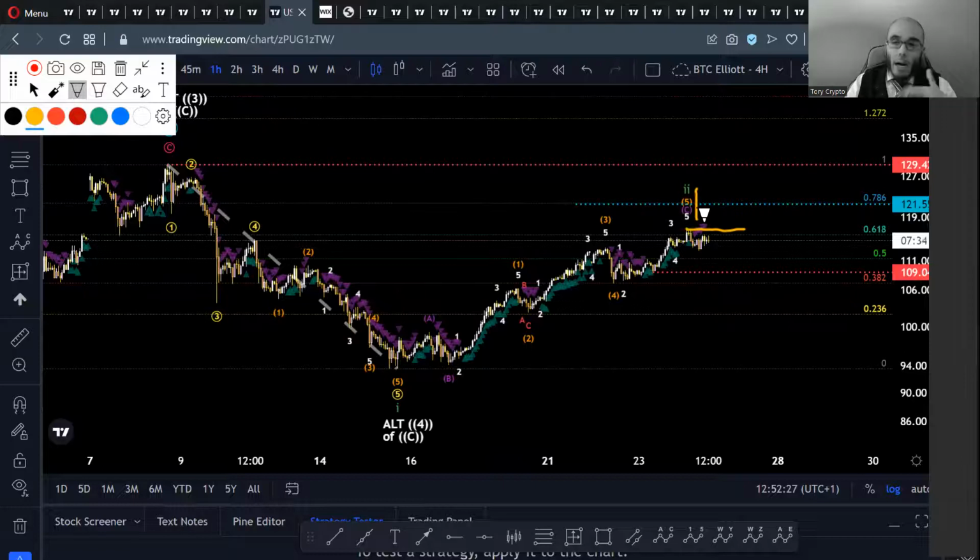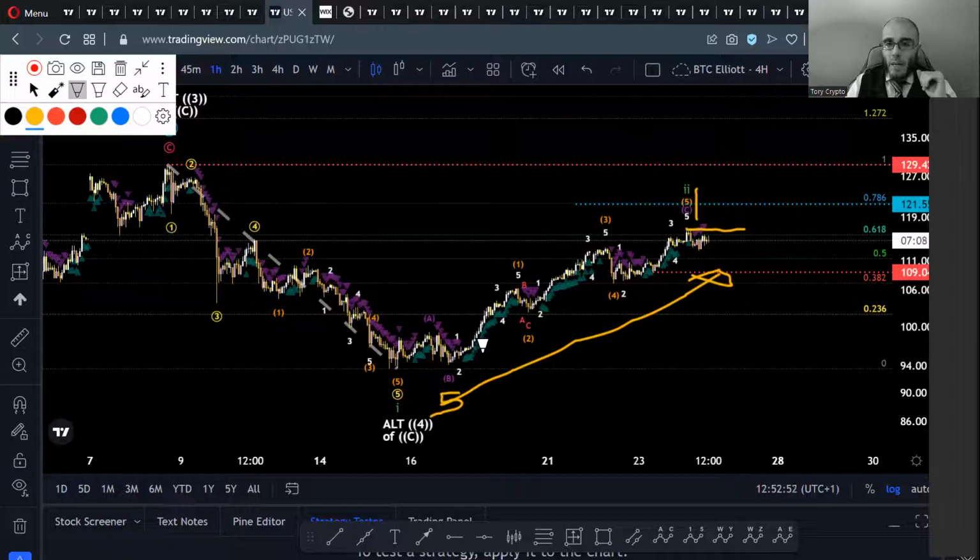And I like taking the opposite position once my count is broken. But the thing is, this move up, as I labeled it, is still quite uncertain, because I don't know if the bottom of wave 5 is here or if the bottom of wave 5 is here and it's a truncation, as I told you. Since I don't know that, there's a certain lack of clarity.